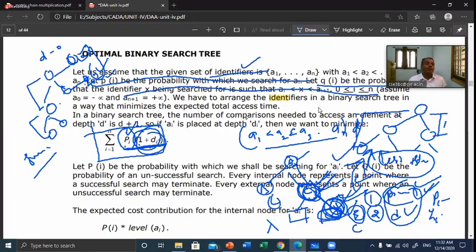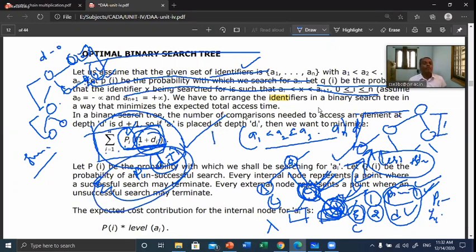If you minimize this time, that we call the optimal one. Are you clear? Sigma of di plus 1. If you minimize this value, that binary search tree will give the optimal binary search tree.